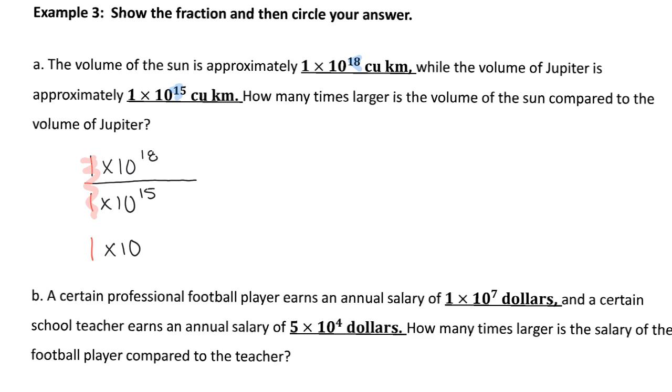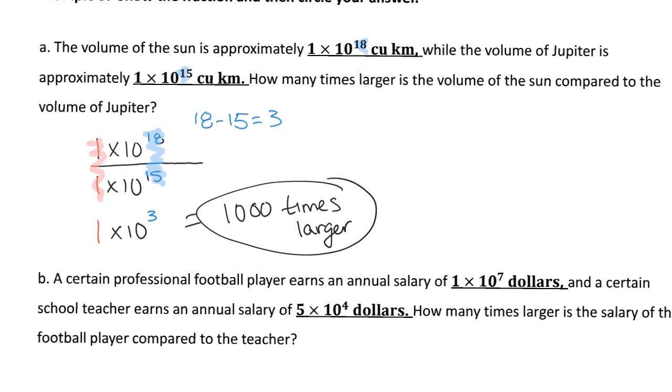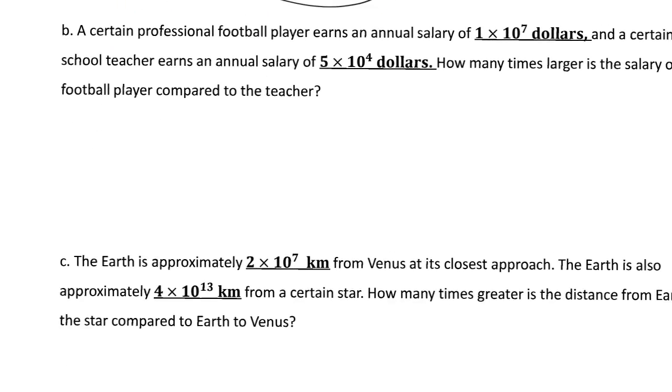And then we still subtract our exponents. So 18 minus 15 is 3. And then now we still put that in standard form. So 1,000 times larger is what we're asking. Okay, so that's our answer.